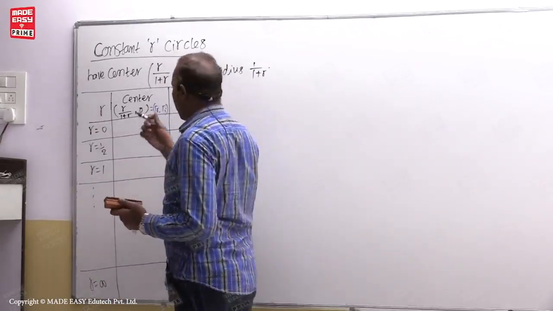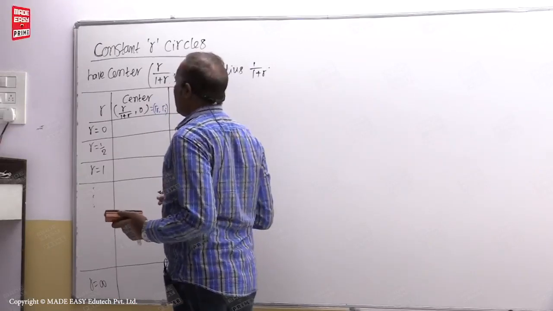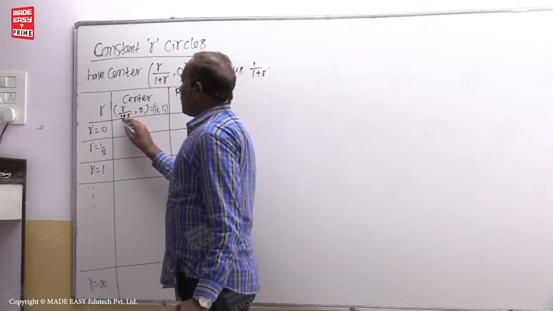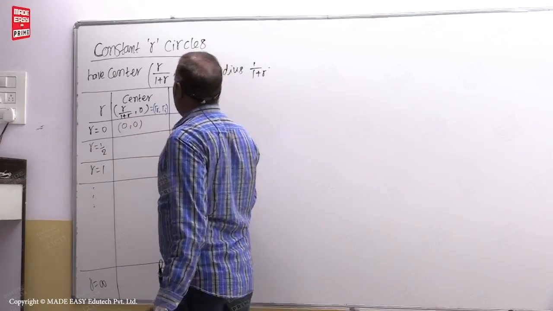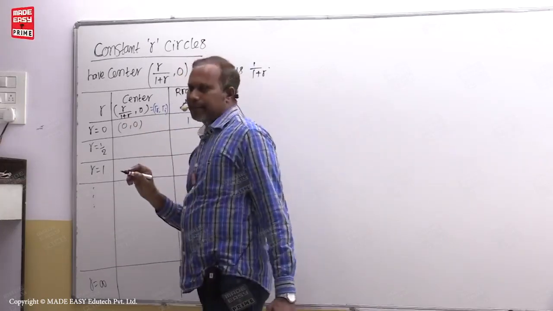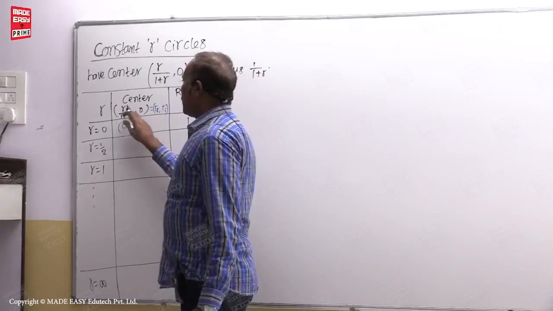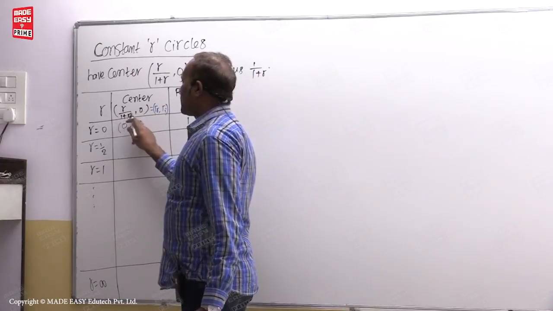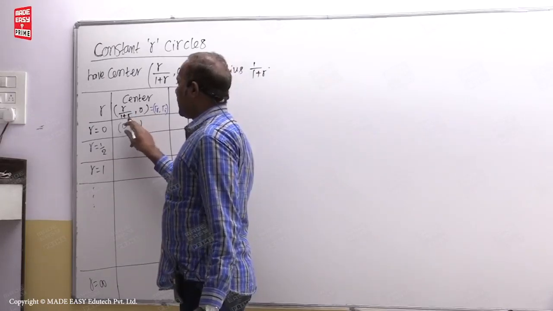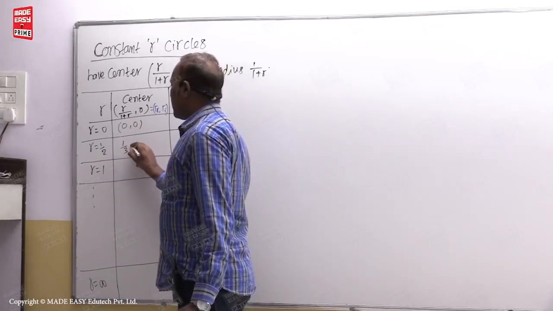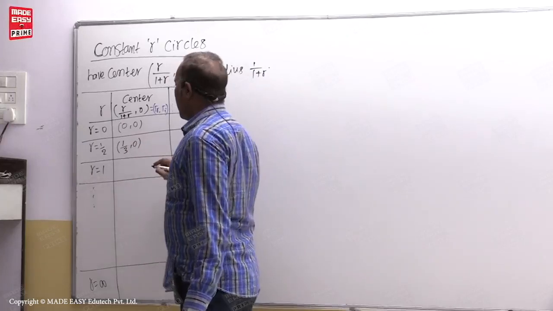R is equal to 0 you take 0 by 1 plus 0, so 0 comma 0 is the center and 1 is the radius. R is equal to half, you take half by 1 plus half, that is half divided by 3 by 2, so 1 by 3 comma 0.